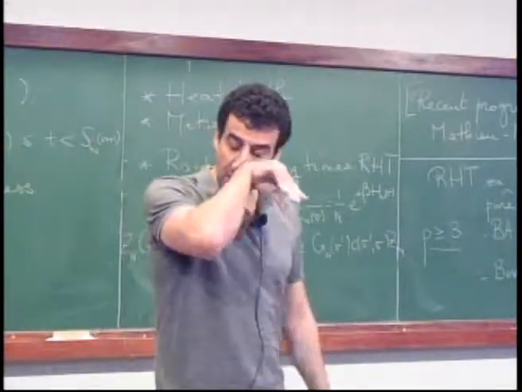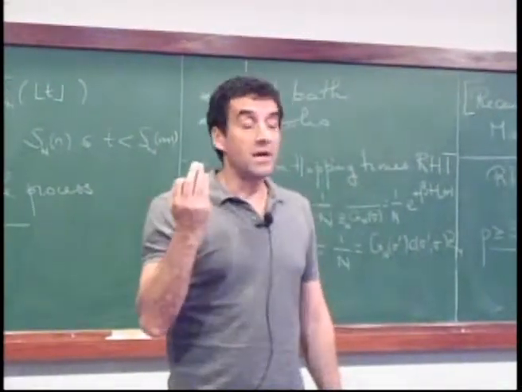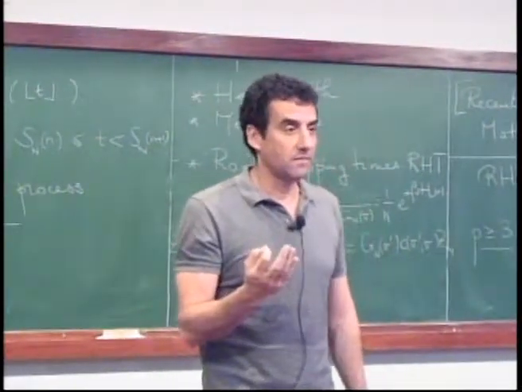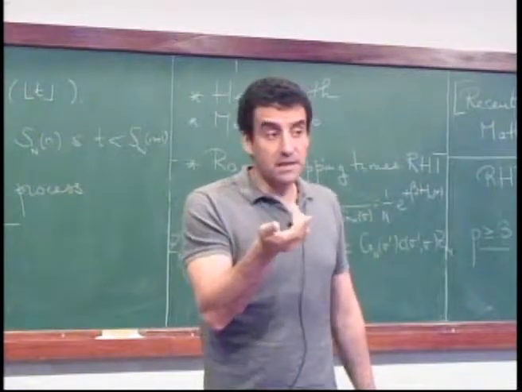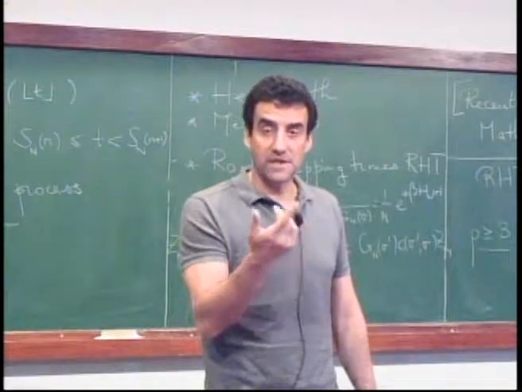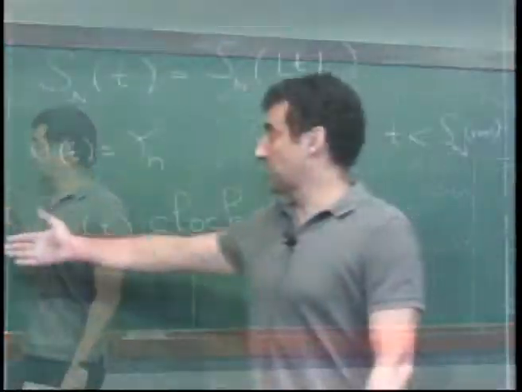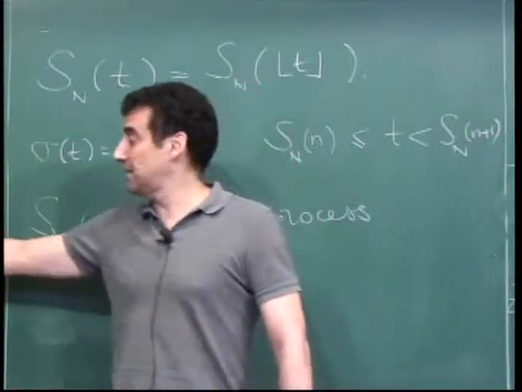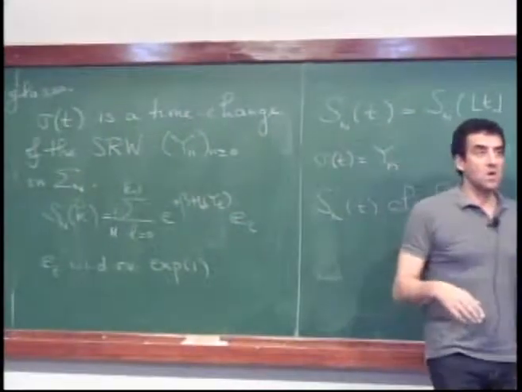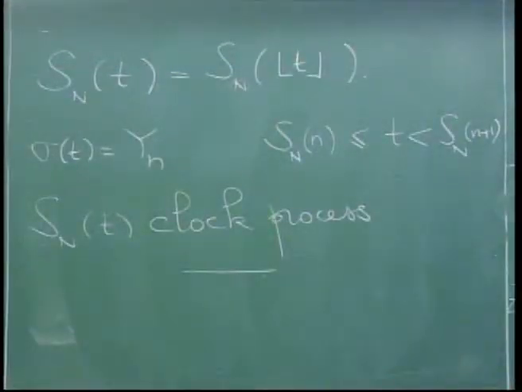He gave the law, but it's simply a process in continuous time with independent increments, which is always non-decreasing. That's what subordinator means, non-decreasing. This thing is, of course, non-decreasing, it keeps increasing because you add positive numbers. And in fact, the distribution of one increment is a stable law.